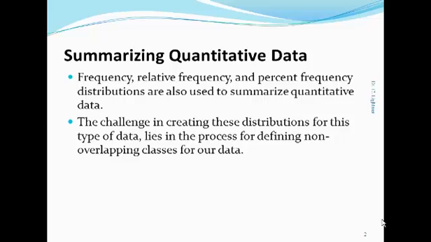If we had quantitative data, such as the grades that students earned on an exam, grades could range from 0 to 100. If we define classes in the same manner that we did for qualitative data, we would have 101 different classes ranging from 0 up to 100.